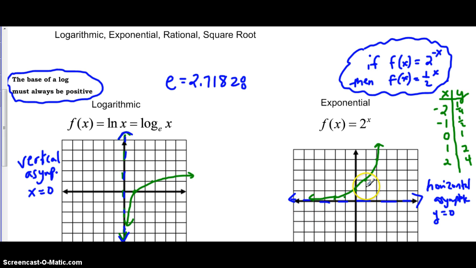So both our exponential growth and exponential decay will have a horizontal asymptote.